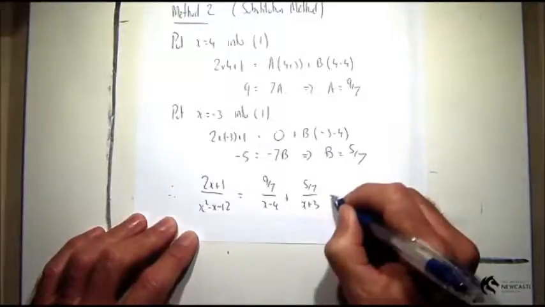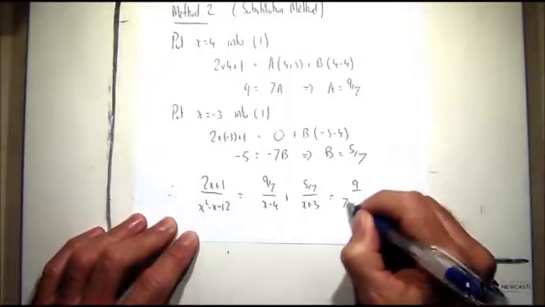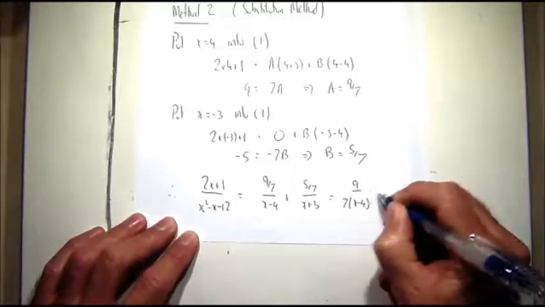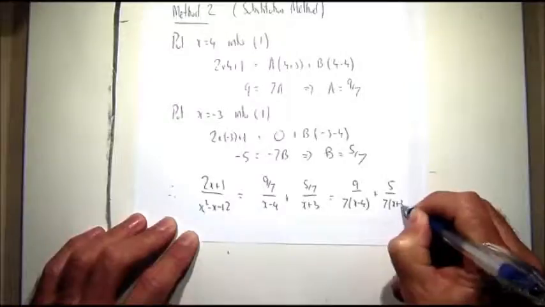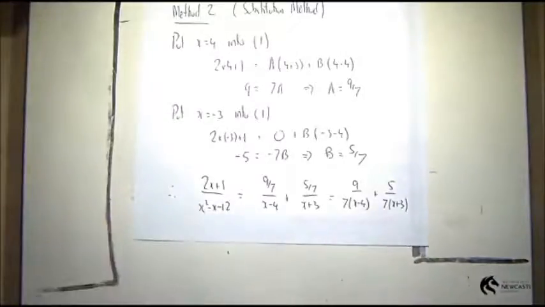And I guess I could write that as 9 over 7 lots of x minus 4 plus 5 over 7 lots of x plus 3. And that is my partial fraction decomposition, to use big words on you, okay? To use math speak, I call it.